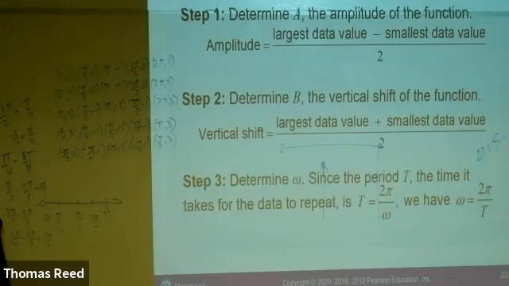So the period is T, the time the data takes to end up repeating. So in this case, the data took 12 months to start repeating. So the period was 12. So you divide 2 pi by the period.